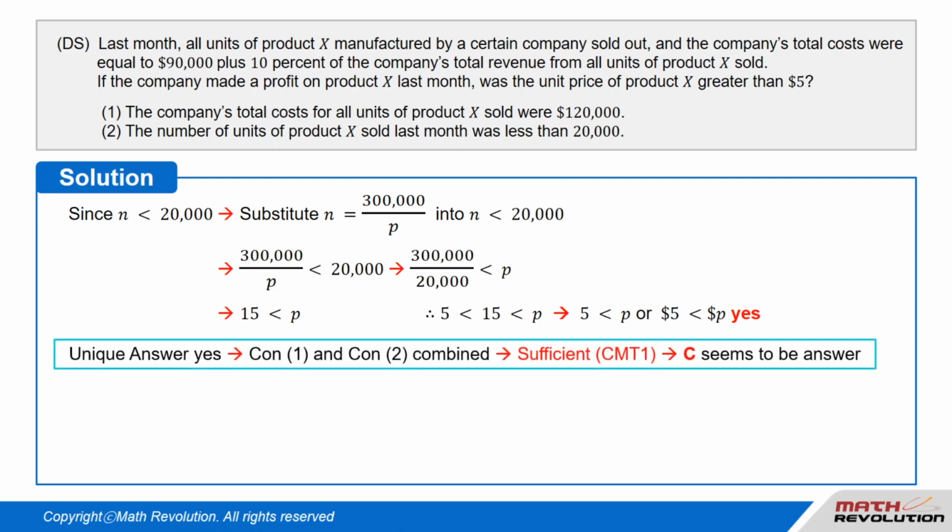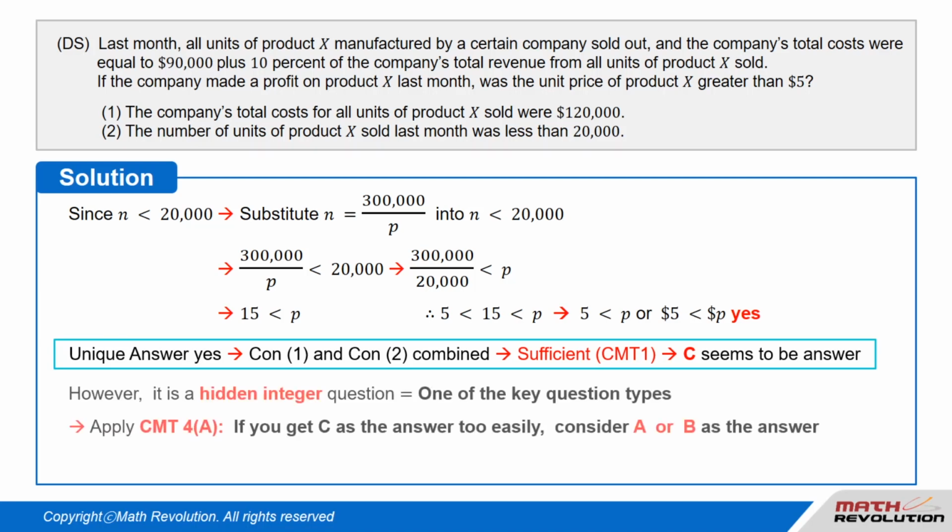Since the answer is unique, yes, the conditions combined are sufficient according to CMT 1, which states that the answer will be in terms of a unique yes or no. So, C seems to be the answer.